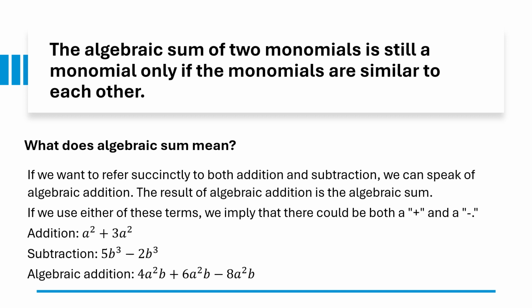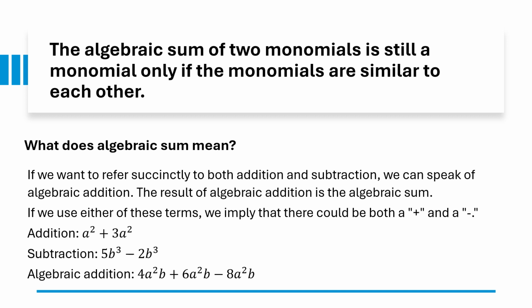However, in this definition, we use the term algebraic sum. And this is something extremely important in algebra, and not only algebra, I would say. So let's define what algebraic sum means. If we want to talk about an operation which could be both an addition and a subtraction, then we talk about algebraic addition.